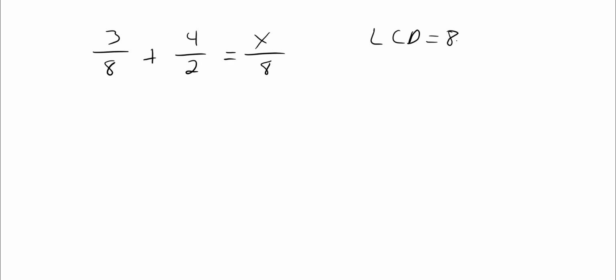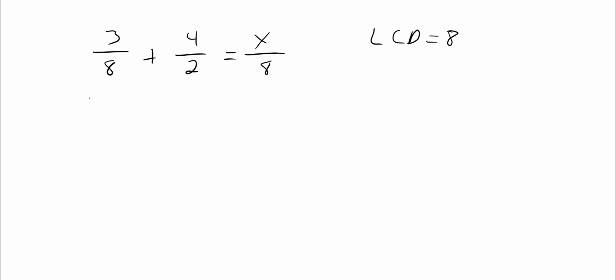So if I have, let's say, 3/8 plus 4 over 2 equals x over 8. My common denominator is the number that 8 and 2 both go into. Don't you agree my LCD in this case is 8?